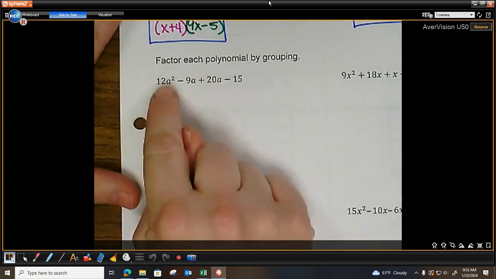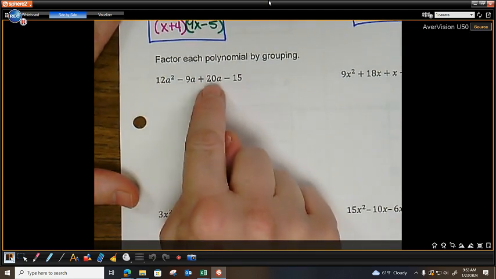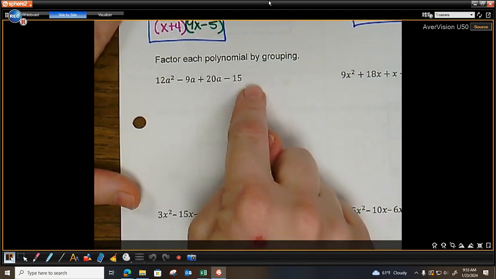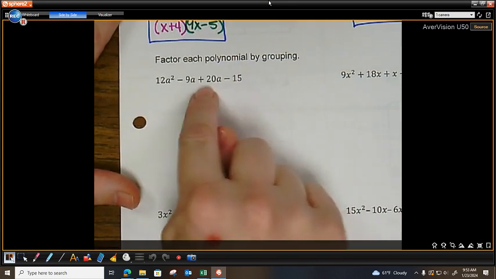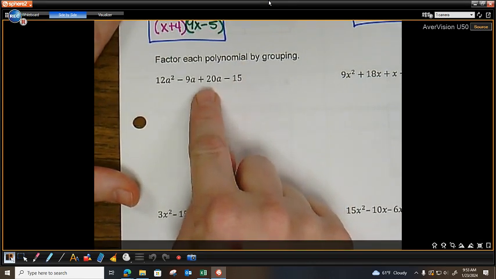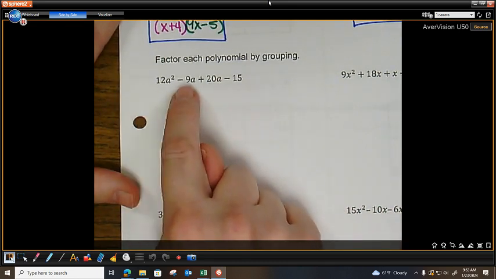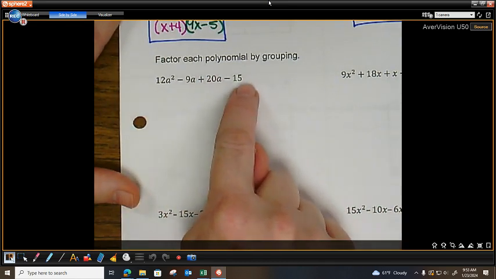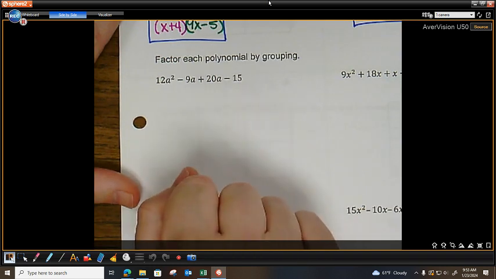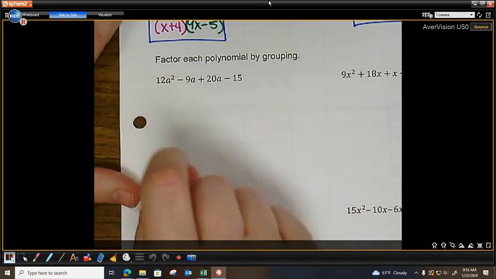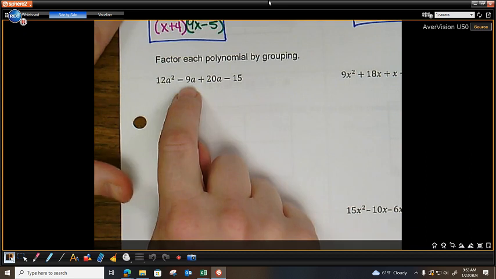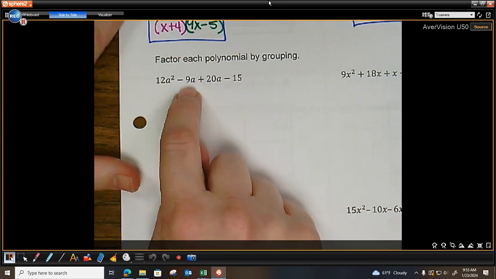Here, how many terms do I have? 4. Do I see parentheses? So I don't have a common binomial factor. Okay, there aren't parentheses. Is there a number other than 1 that they're all divisible by? What I would do is pick the smallest number. What are factors of 9? 1, 3, and 9, right? Get rid of the 1 because everything's divisible by 1.